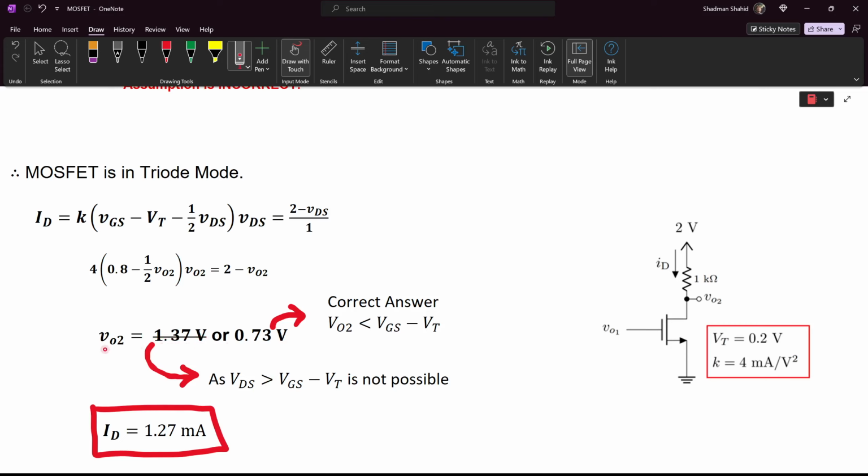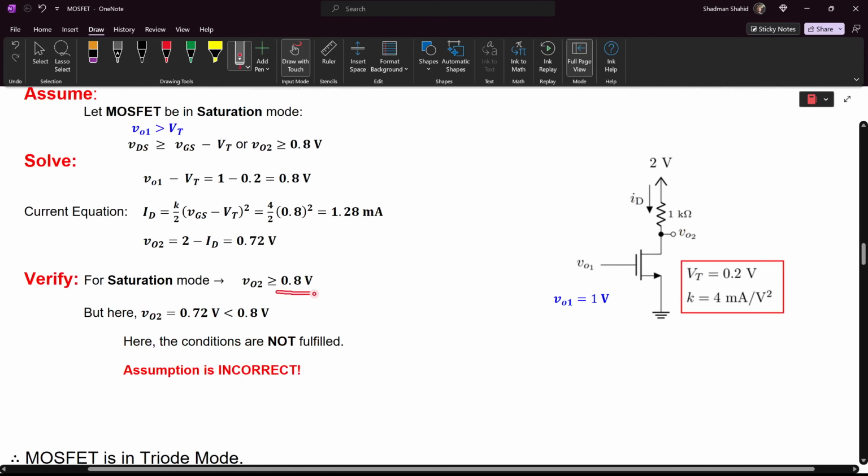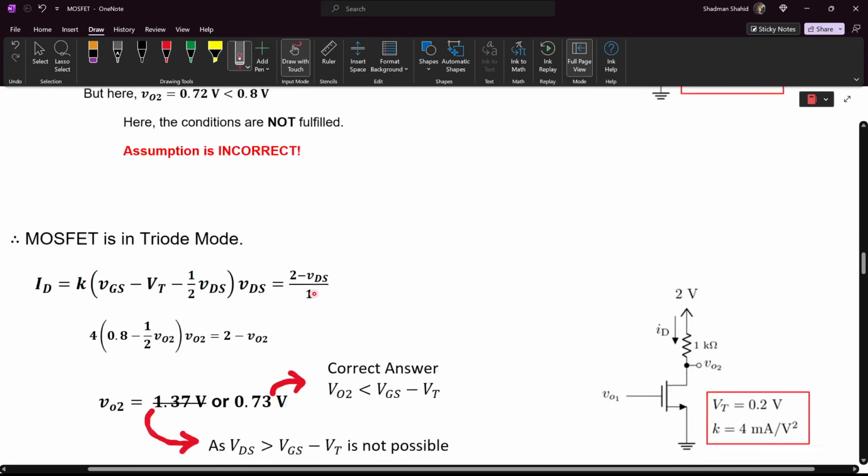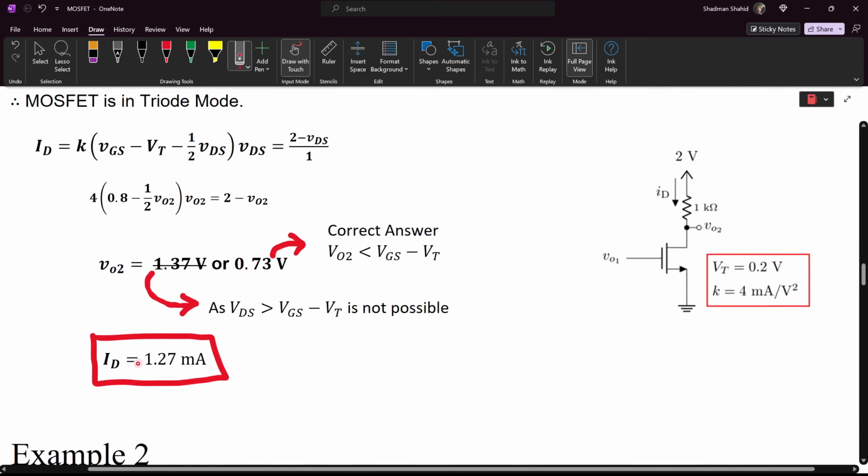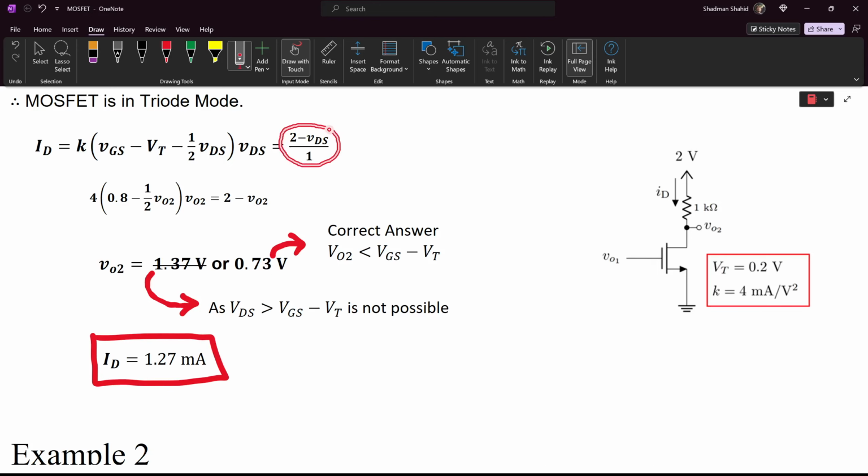So the correct result would be that VO2 should be equal to 0.73 volt, which is clearly less than 0.8 volt that we initially found as our overdrive voltage, and the value of current for this voltage 0.73 can be found from this expression as 1.27 milliampere.